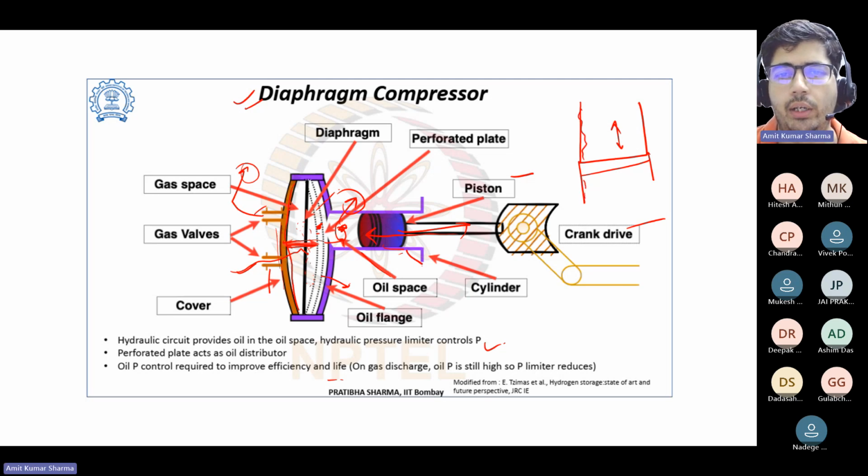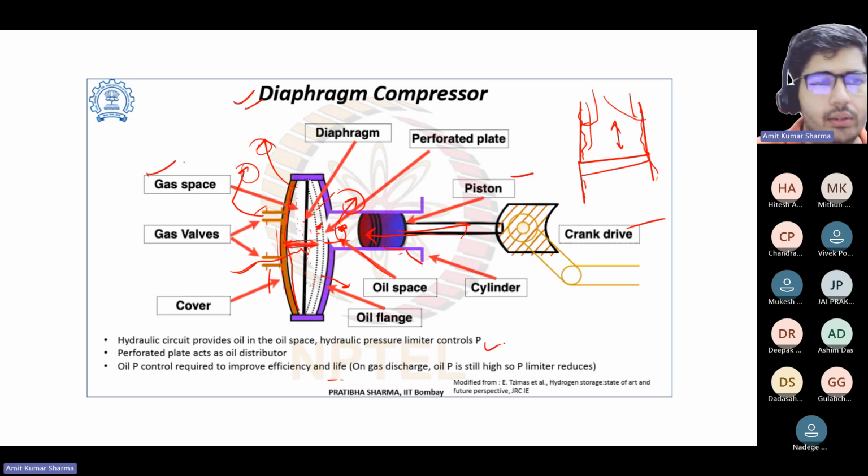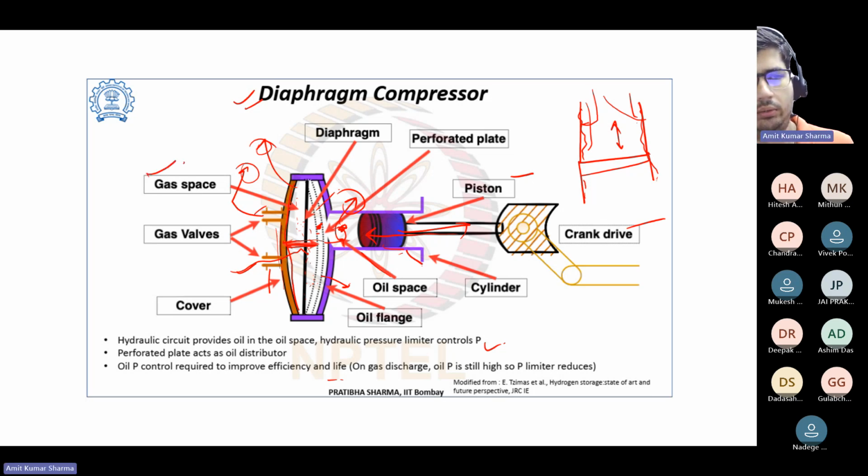Some part of the oil can be on these walls and that can come in contact with the gas and contaminate it. But here the oil is directly outside the diaphragm and the compression happens in this chamber, and this chamber does not have any kind of oil. This gas space does not have any kind of oil.